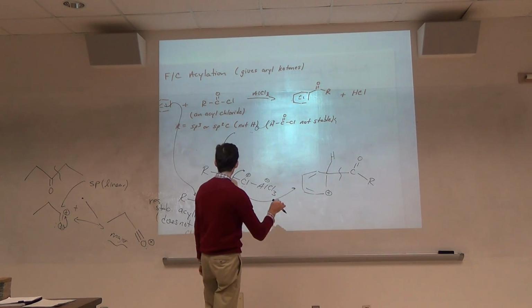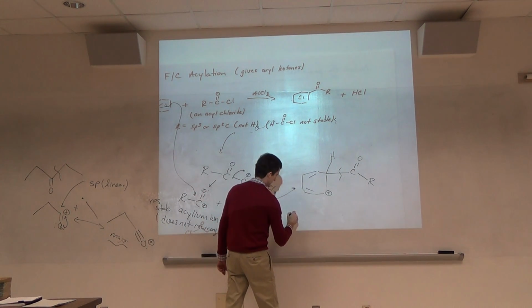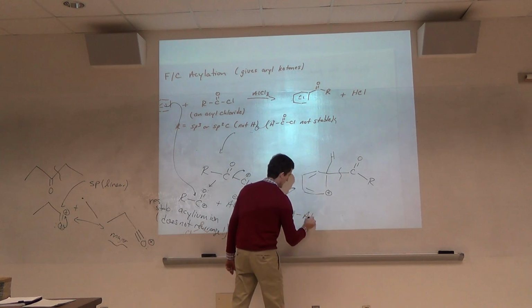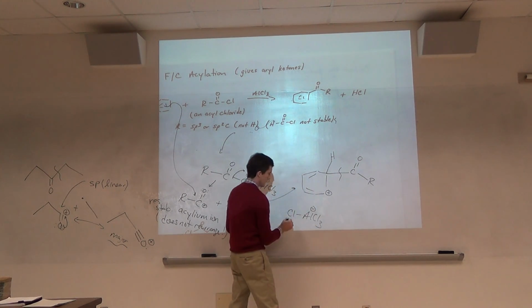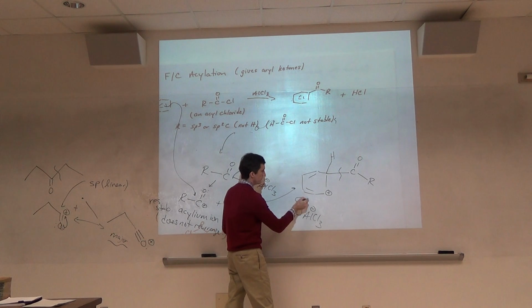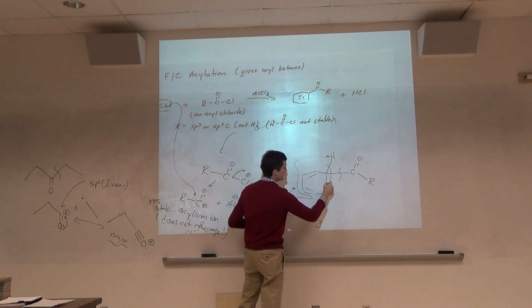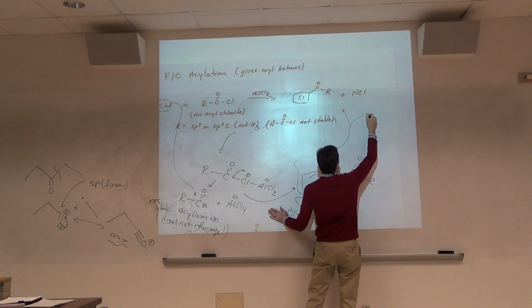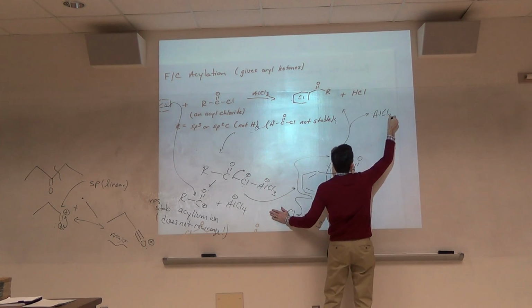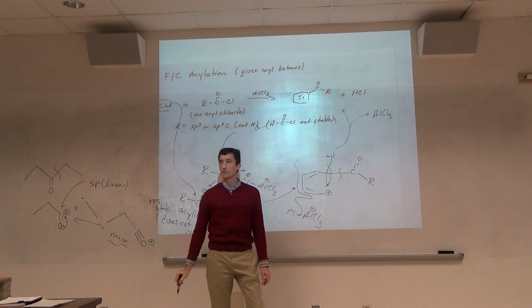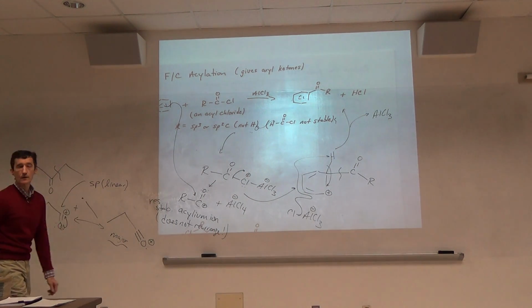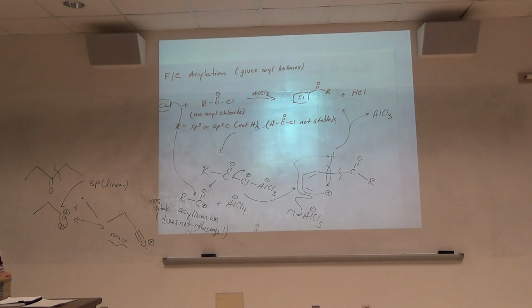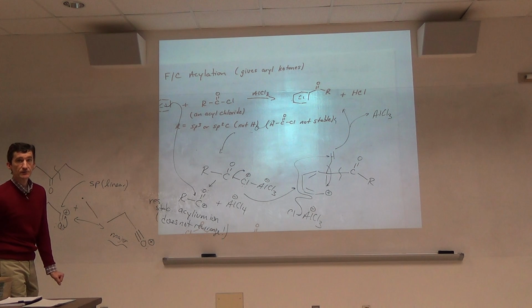From there, what do we need to do to get the final product? Chlorine says see you later. It takes the H, these move in. You get that plus HCl plus what? Plus your AlCl3 reforms. And so that's your good old standard EAS mechanism.